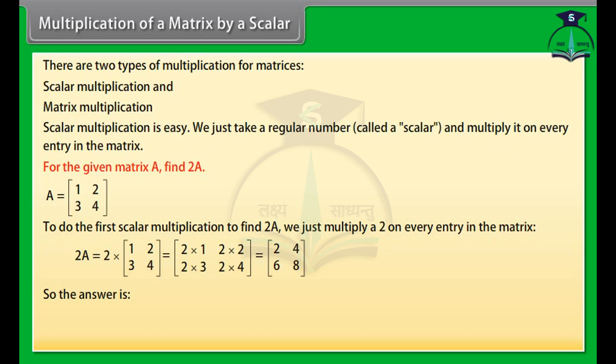So the answer is 2A equals the matrix with first row 2, 4 and second row 6, 8.